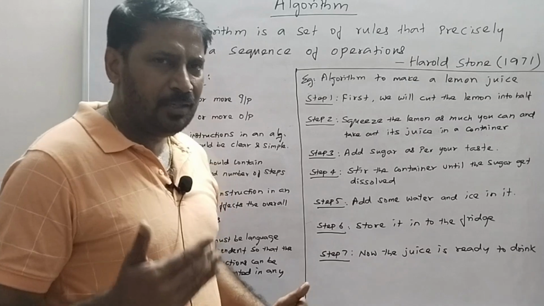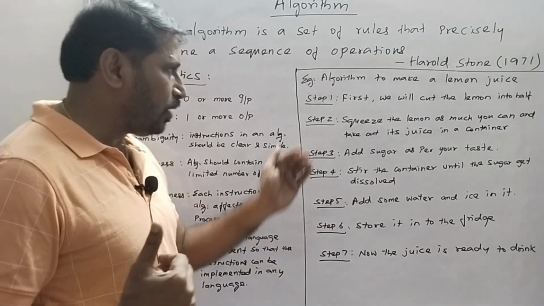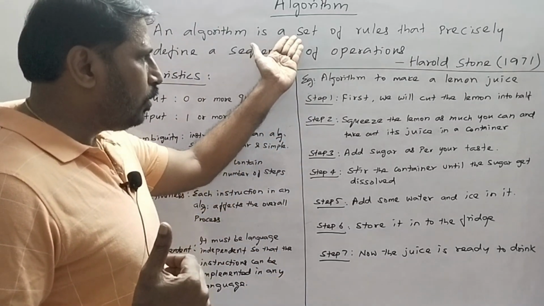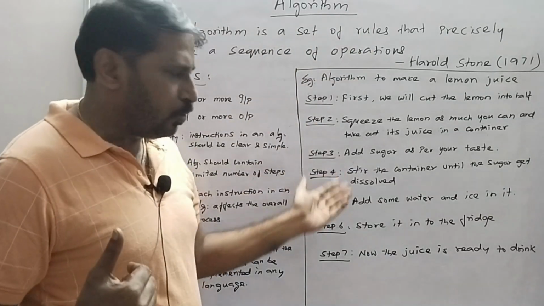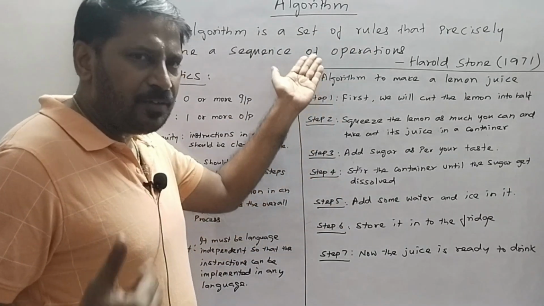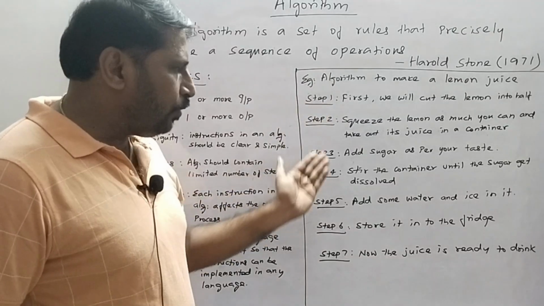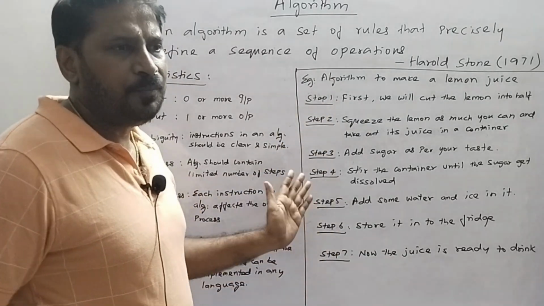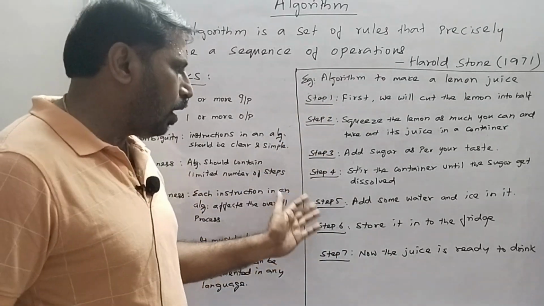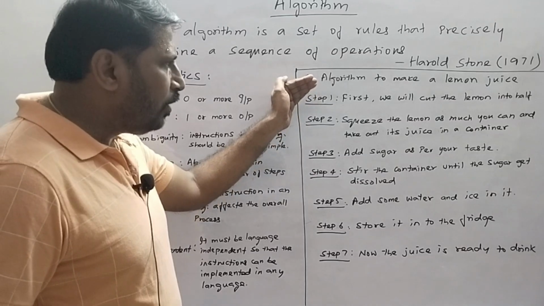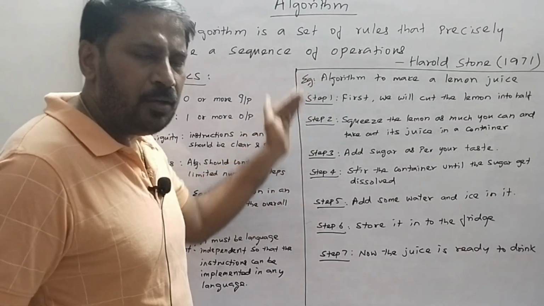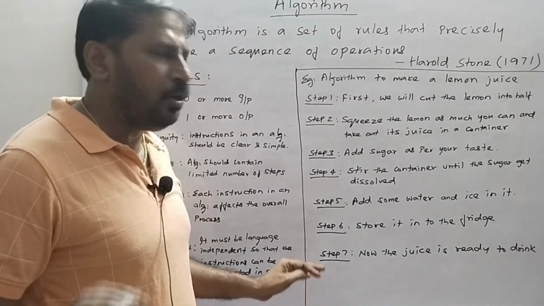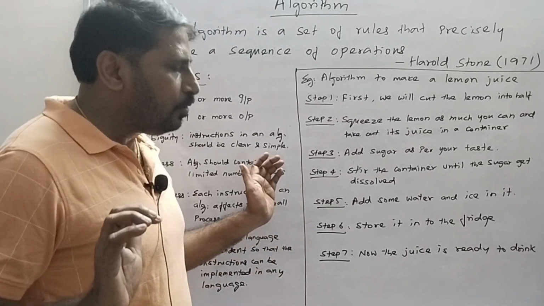So these are all the step by step procedures. That's why the definition itself calls an algorithm a set of rules. Unless we follow the set of rules, we are unable to find the result through the algorithm. When making lemon juice, steps 1 to 7 are necessary to get the result.